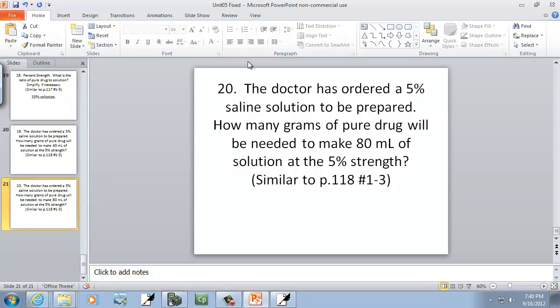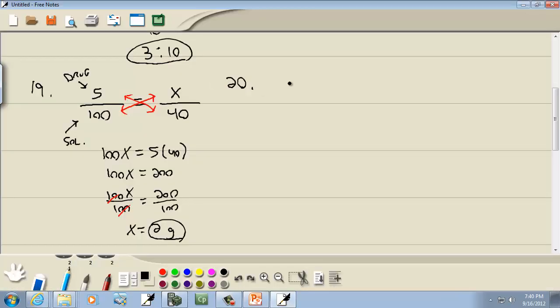Let's look at another one of those. Doctors ordered 5% saline solution to be prepared. How many grams of pure drug will be needed to make 80 milliliters of solution? So this would be 5 over 100 again, equals 80 is our total, and then how much drug? Again, we'll cross multiply like this.